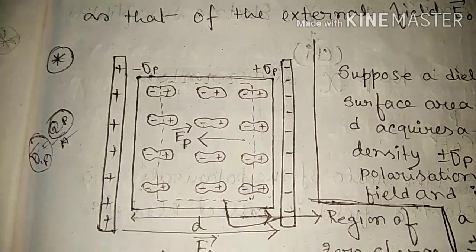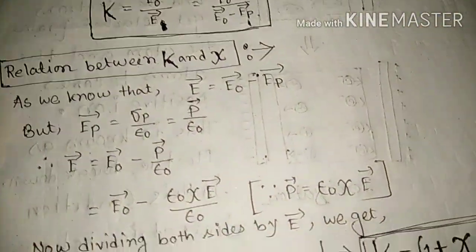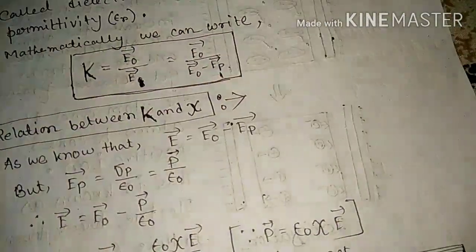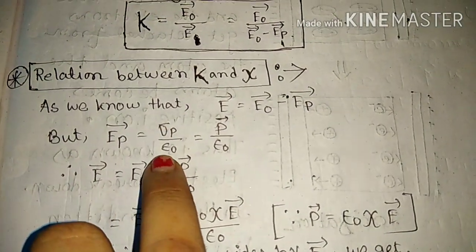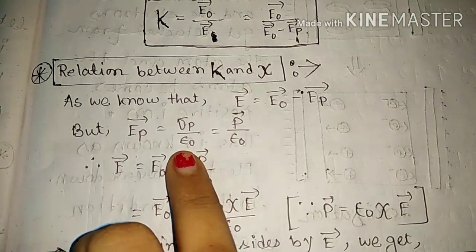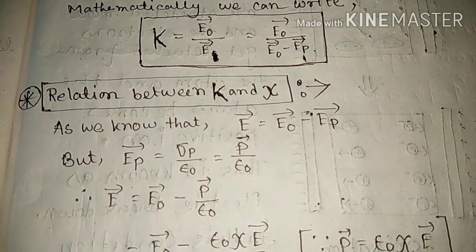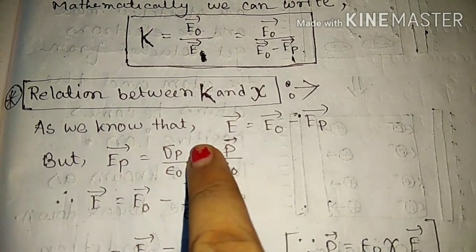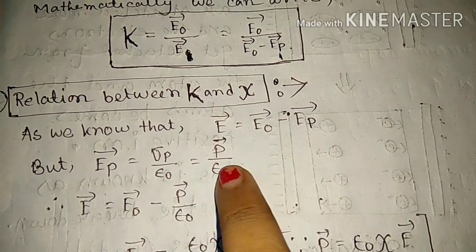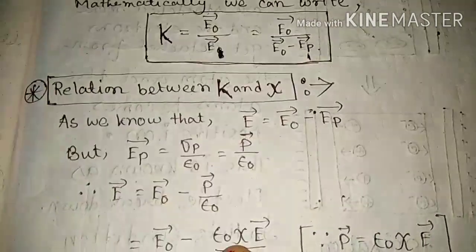We also studied in Gauss's law that for a thin sheet, because both sheets combine together, we get sigma by epsilon naught, otherwise for one single sheet we get sigma by 2 epsilon naught. So the polarized electric field, the combined effect between them, is sigma P by epsilon naught, and sigma P equals the polarization density P. So in place of EP we can write P by epsilon naught.